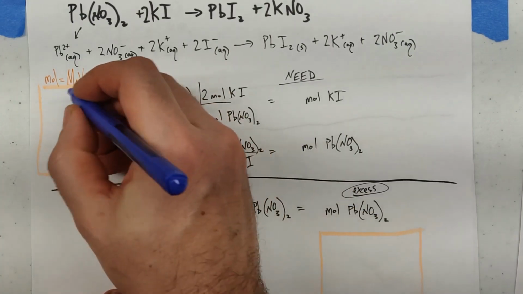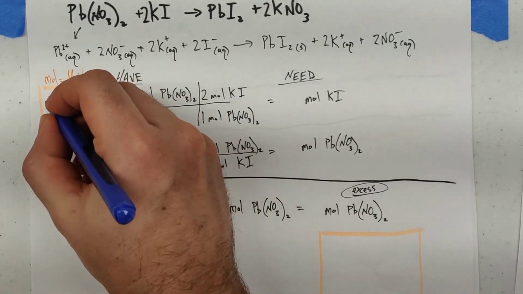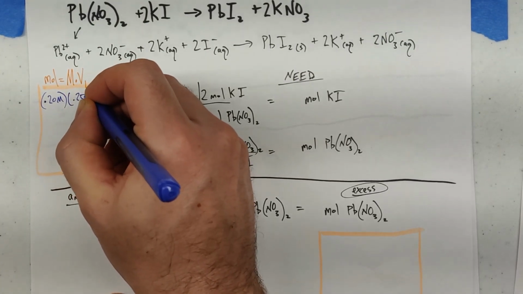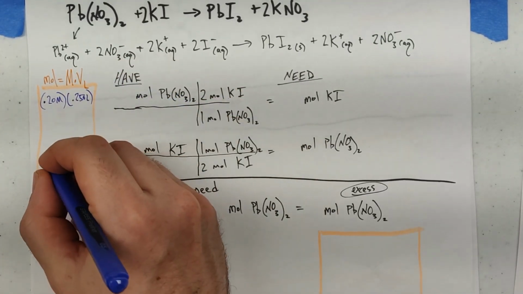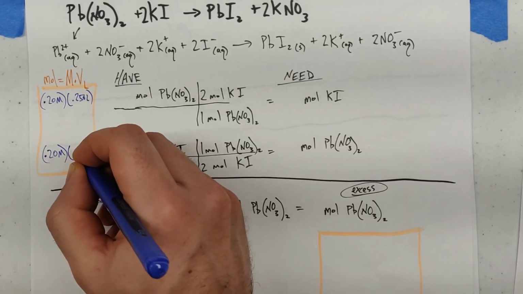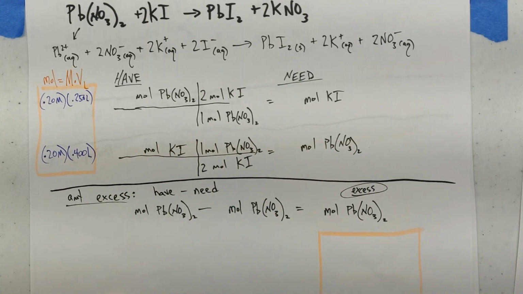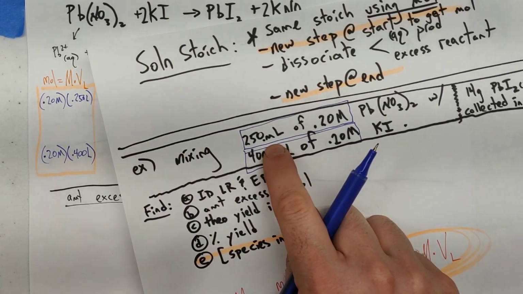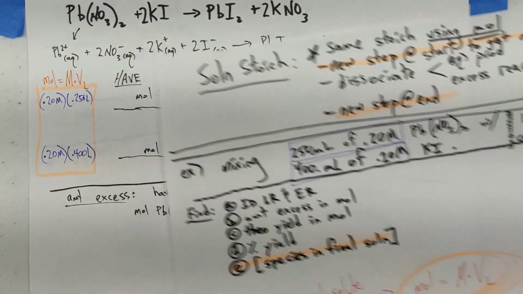We have 0.20 times 0.250 liters, and we have 0.20 again, but this time it is 0.400 liters. Those numbers were given. I did a quick conversion of milliliters to liters, but those molarities stayed as they are.